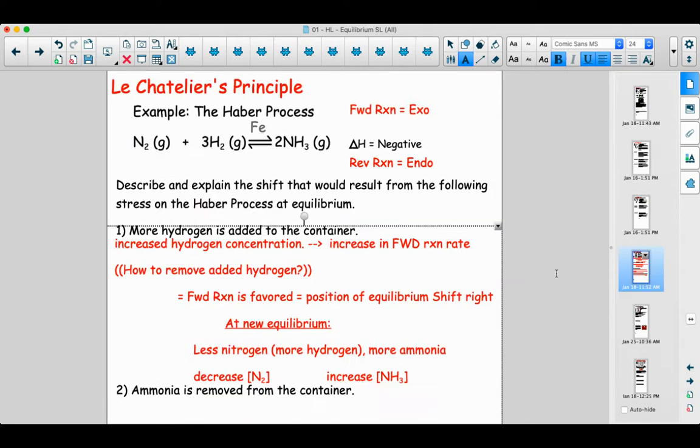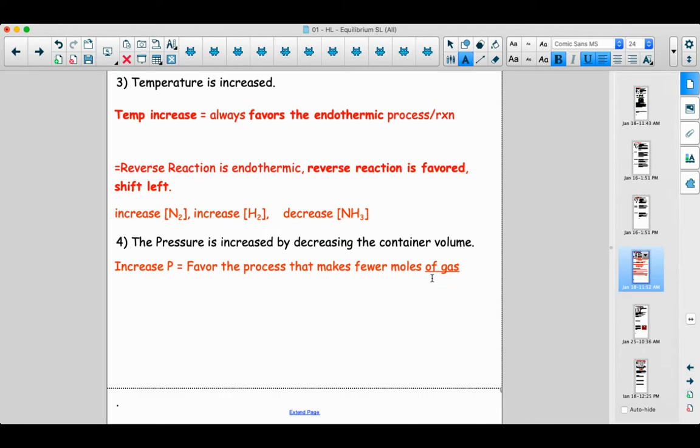So the concept is that if you squeeze on them, it naturally causes the reaction that causes them to recombine as fewer gas particles. So in this example, we would have a shift to the right. We'd favor the forward reaction.